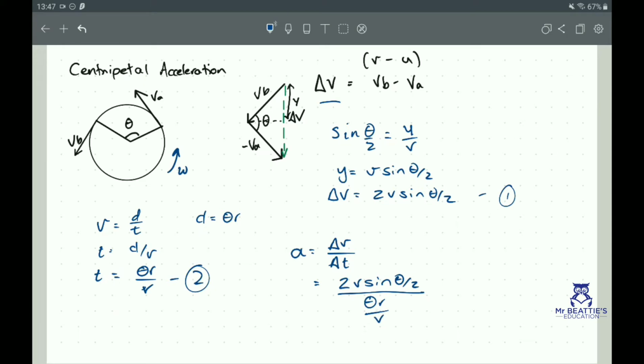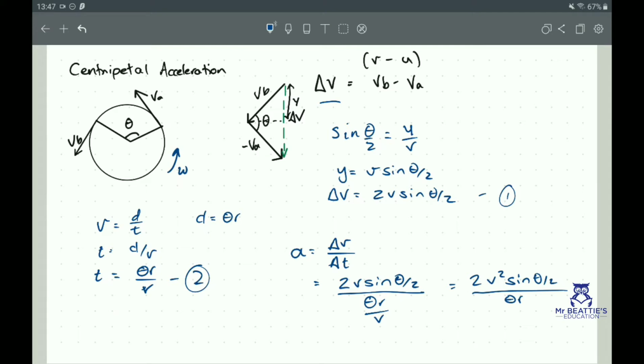Now, to get rid of the fraction on the bottom, we're going to multiply through by v, bring the v up, so it becomes 2v squared sine theta over 2 all over theta r.